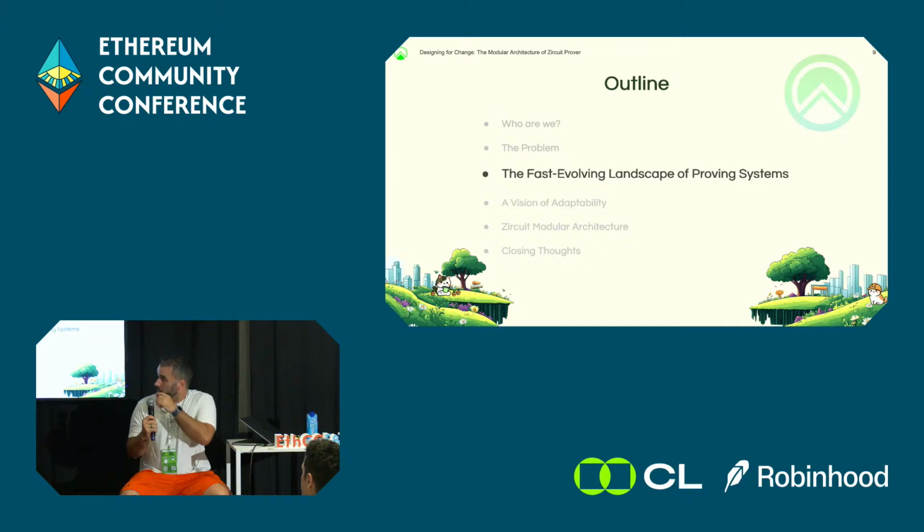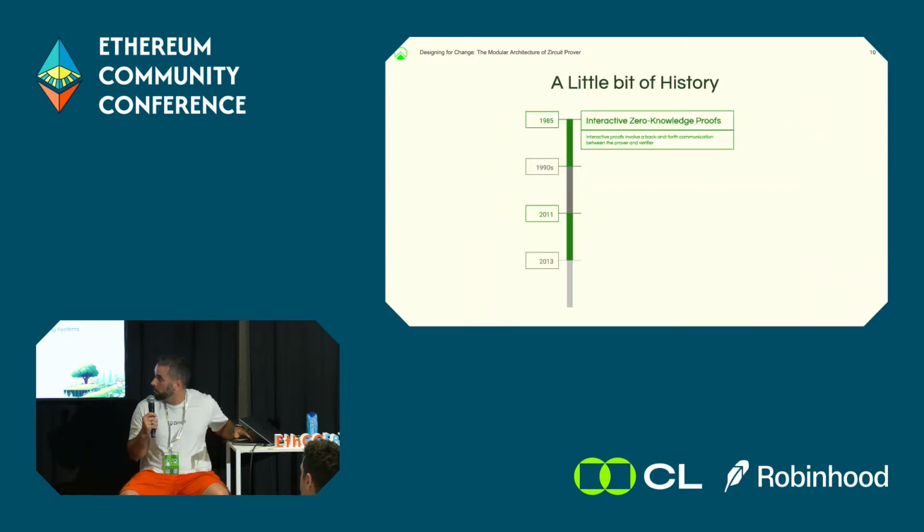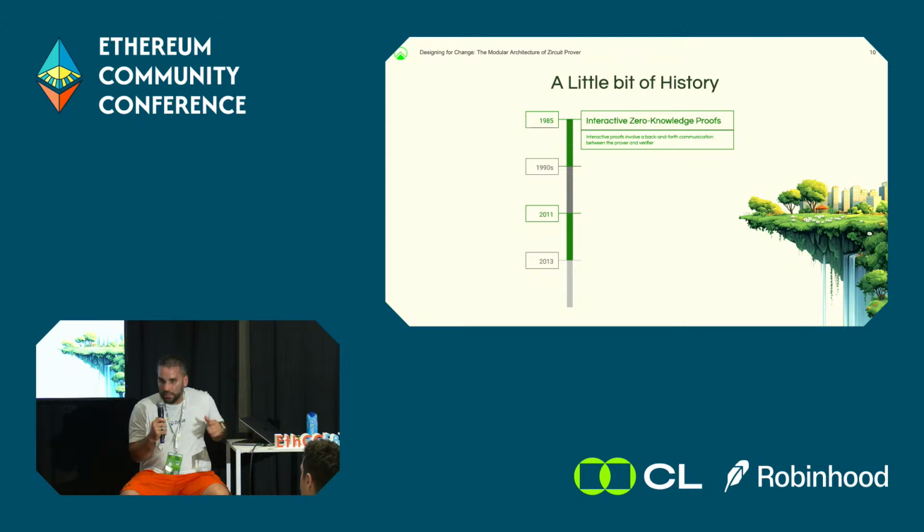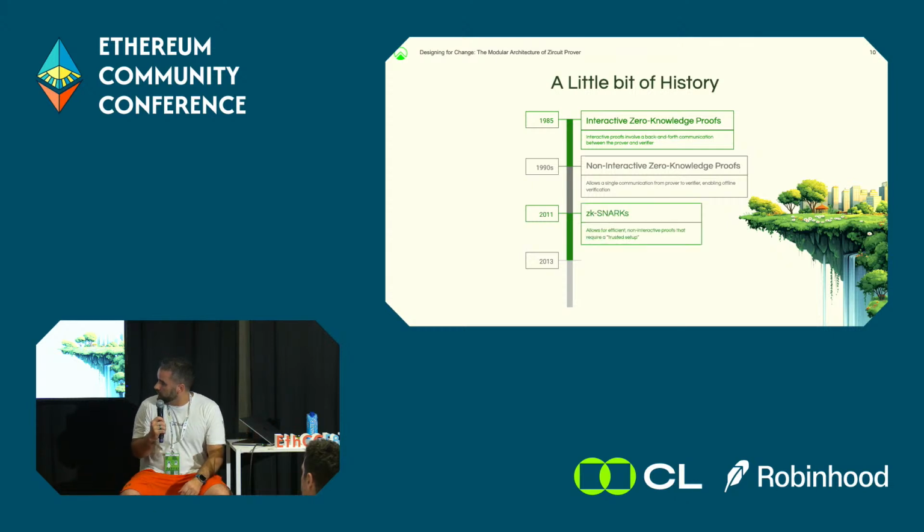Before I go into the actual modular prover, I just want to highlight how fast these systems are evolving. In 85 we had interactive zero knowledge proofs, then in the 90s, non-interactive zero knowledge. Then in 2011, ZK SNARKs, and in 2013, Pinocchio protocol.